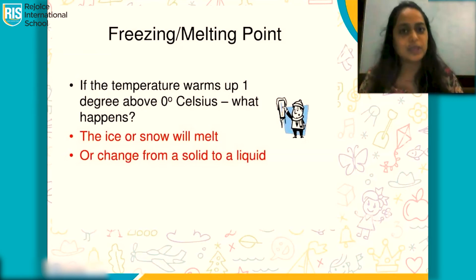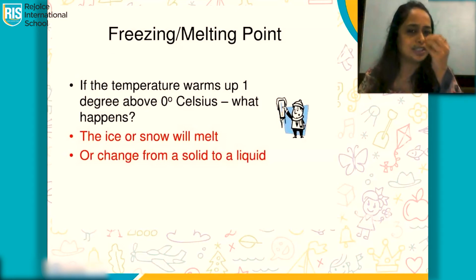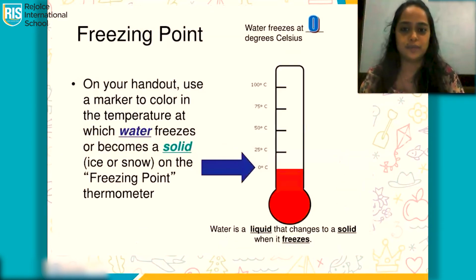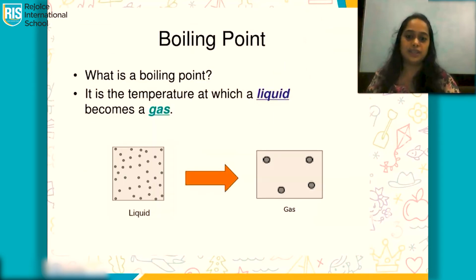No, it will melt though. The ice or the snow will melt or change from solid to a little liquidy state, but it will not completely convert into liquid. Just like the freezing point is 0 degrees Celsius, there is also a melting point and a boiling point.